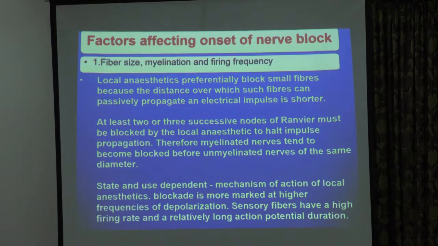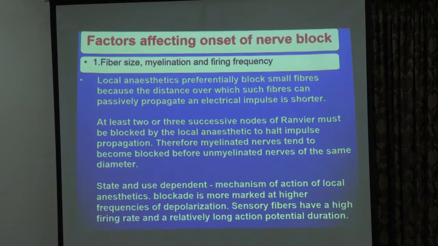So for myelinated nerves, your impulses will jump from one node of Ranvier to another node of Ranvier. If you have a nerve that is myelinated, once you block about 2 of the nodes of Ranvier, impulses beyond it are cut. You don't need to actually block the whole length of the nerve.